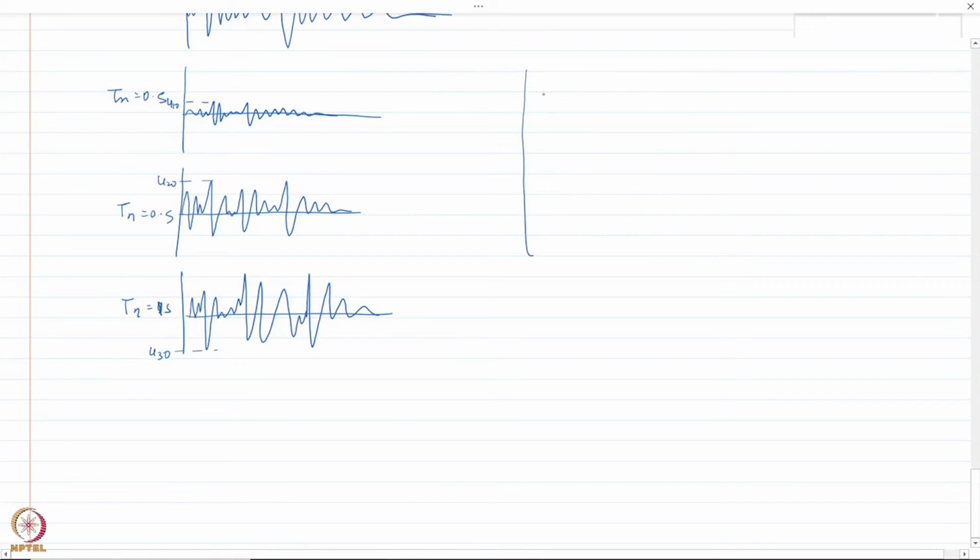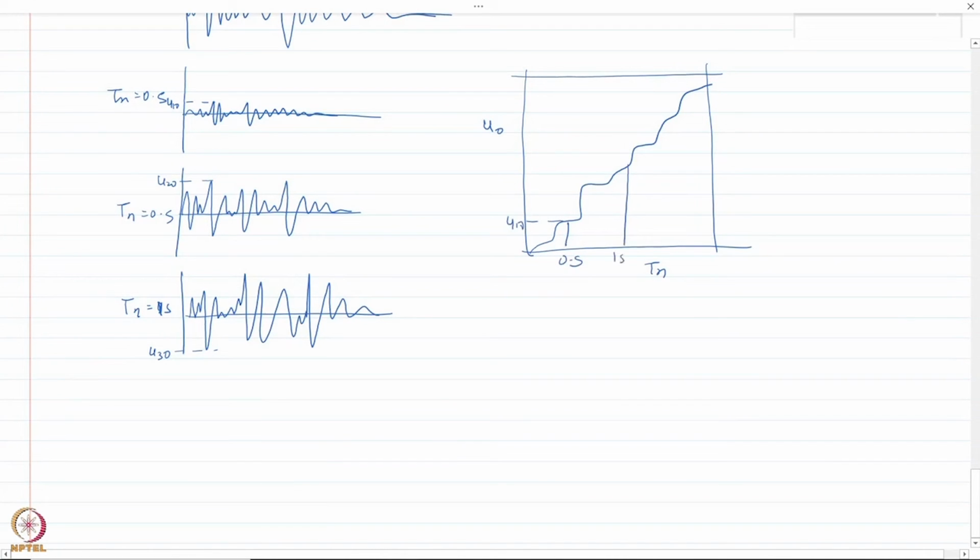If I plot the displacement response spectrum, what will happen? If this is my displacement u0 and this is time period, these would correspond to Tn. Remember, this is 0.5 second here, and this is the u10 value.